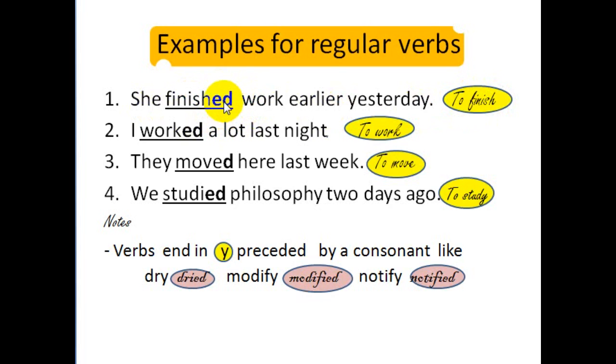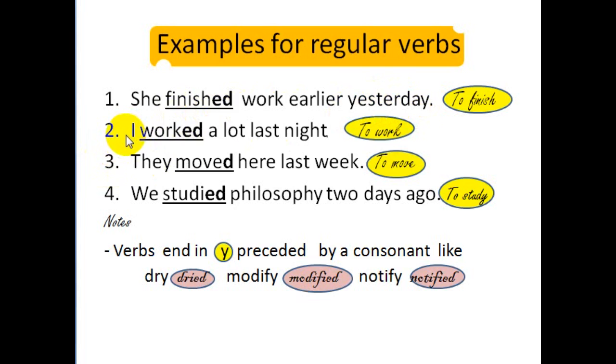So this is the simple past of the verb to finish. To finish is the infinitive. Finished is the simple past of the verb to finish. Yesterday, this is the time expression or the time marker. هذه العبارة هي اللي تحدد لنا الوقت اللي حدث فيه هذا الفعل في الماضي. So yesterday is the time expression or the time marker or the time adverb.